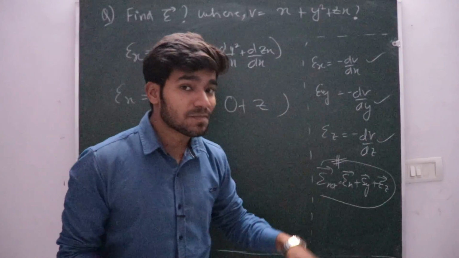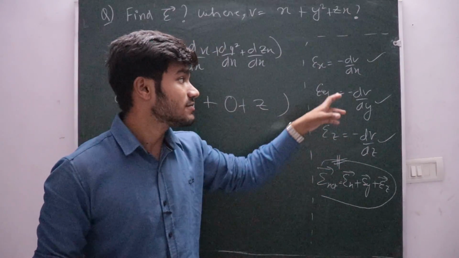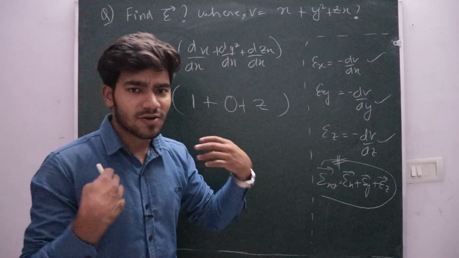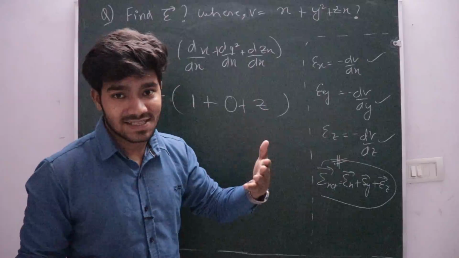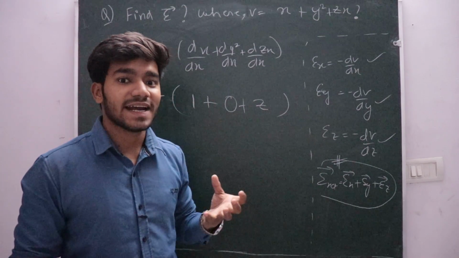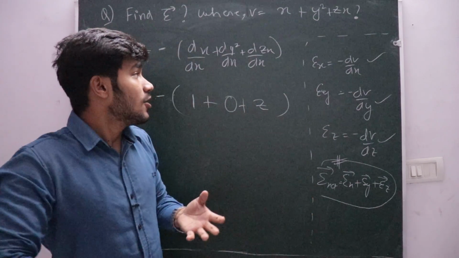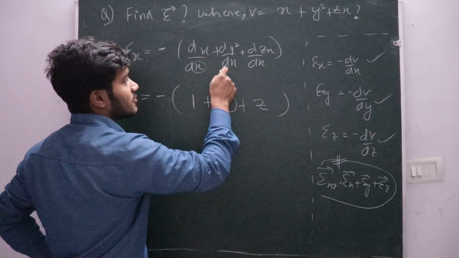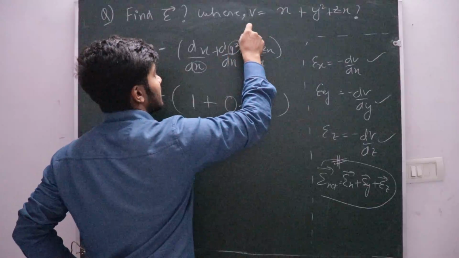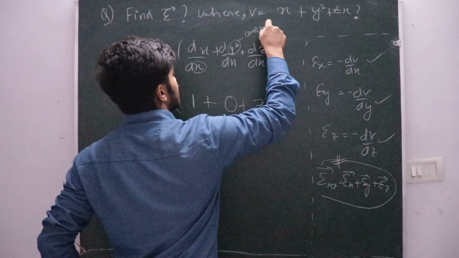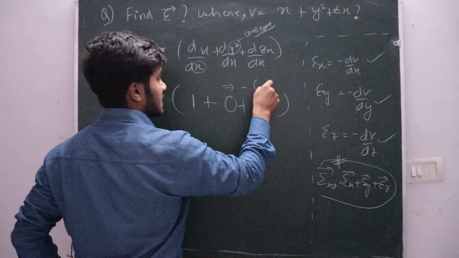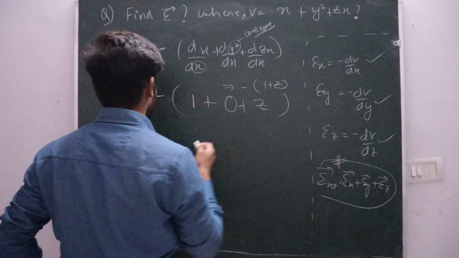Because whenever you are partially differentiating any equation with respect to x, any variable other than x will be treated as a constant value. So when I am differentiating this whole equation with respect to x, y square will be treated as constant. That's how I got the answer minus 1 plus z.